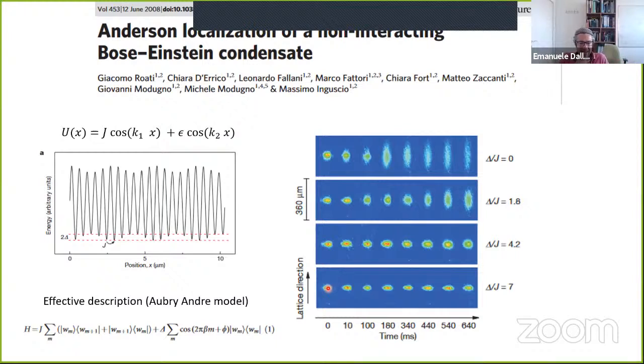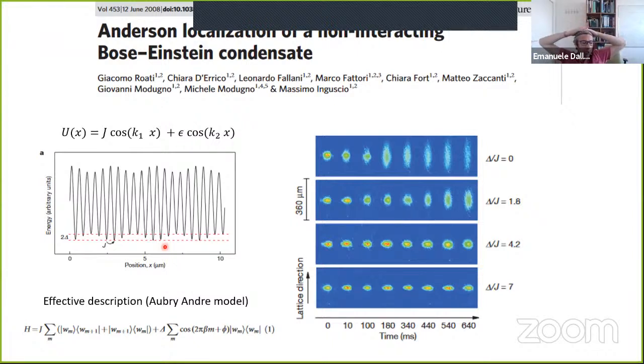But in this case, the potential is much smaller than the extent of the BEC. The BEC is occupying a huge fraction of sites. It is not a single atom experiment with one atom in one lattice site. These are thousands of atoms, and they occupy many of these sites. So you are in a superposition of many states.